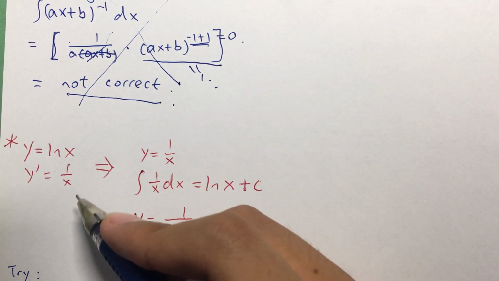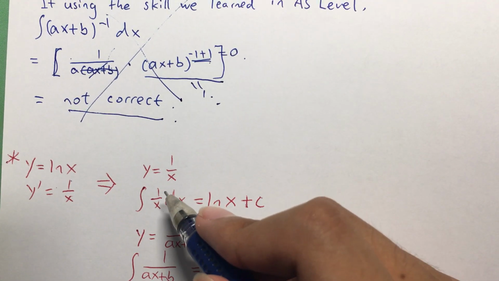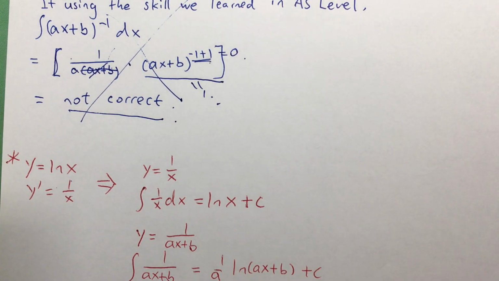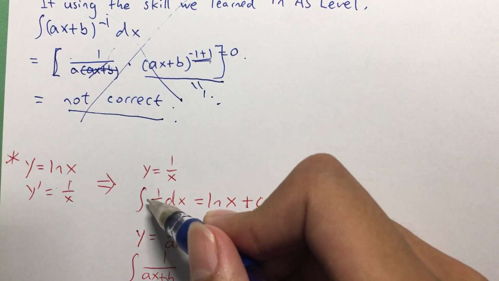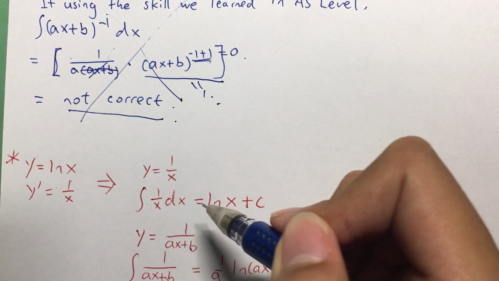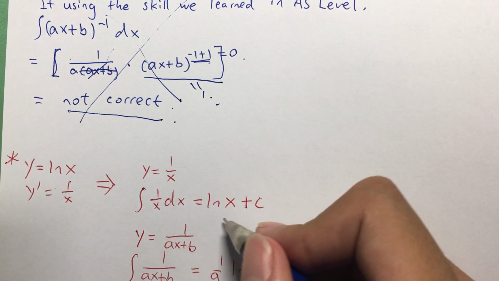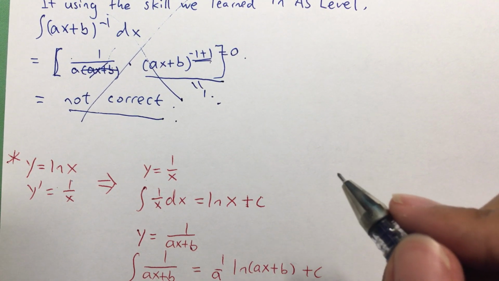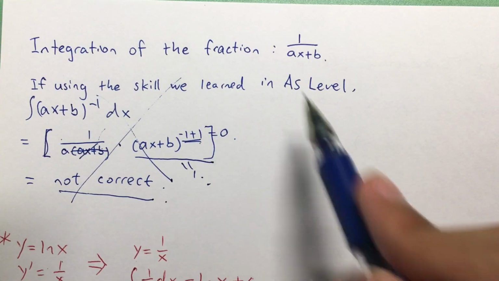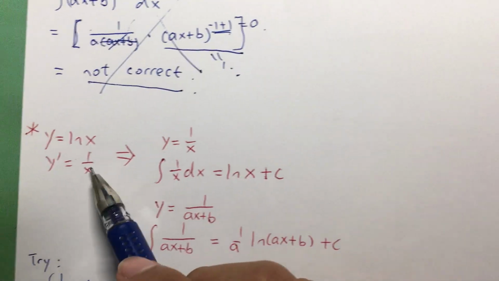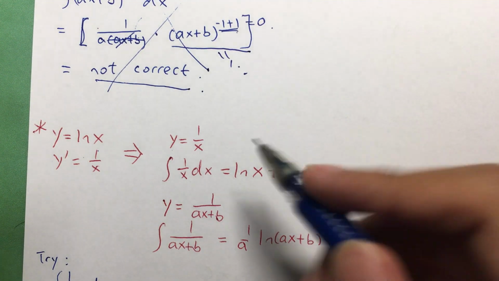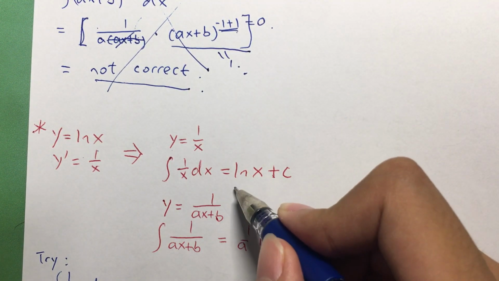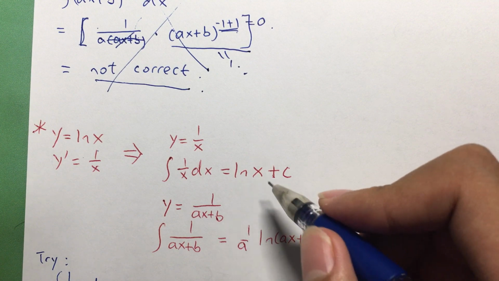And we also know that integration is the opposite of differentiation. So that means the integration of 1 over x dx becomes ln x plus c. So we are going to apply this rule: the integration of 1 over x is equal to ln x plus c.